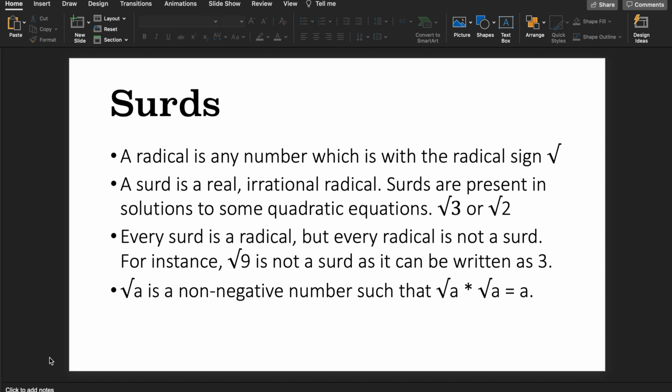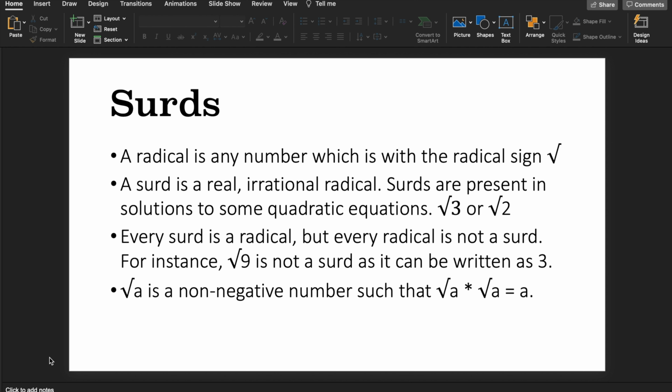It must be irrational. And the next point is that it has to be a real radical, meaning you cannot have square root of -1. That would not be real because we still don't know the value of square root of -1.